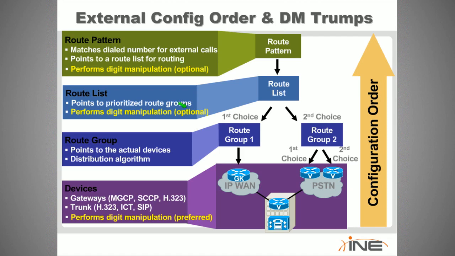Okay? Now, the reason I wrote optional here for route pattern and route list digit manipulation and preferred at the device level, first of all, before CUCM 7.0, there was no option to do digit manipulation at the device level. By the way, this is something called calling party transformation calling search space, or called party transformation calling search space.